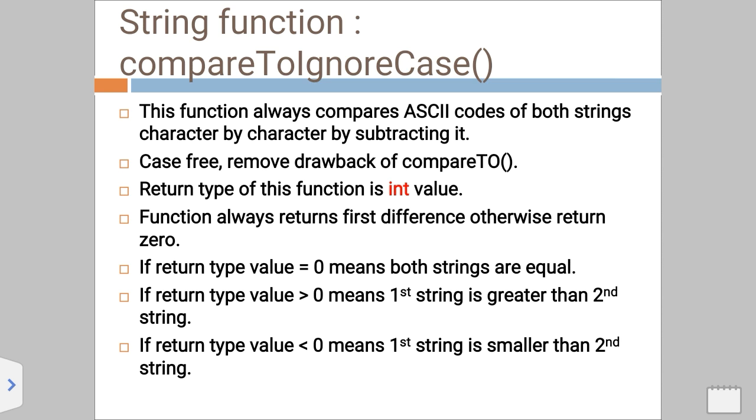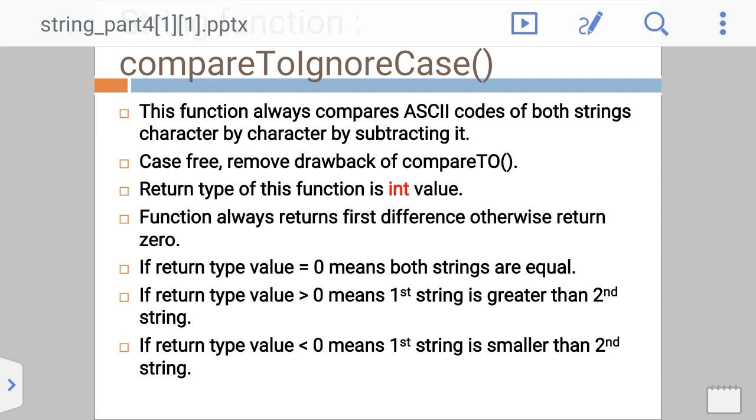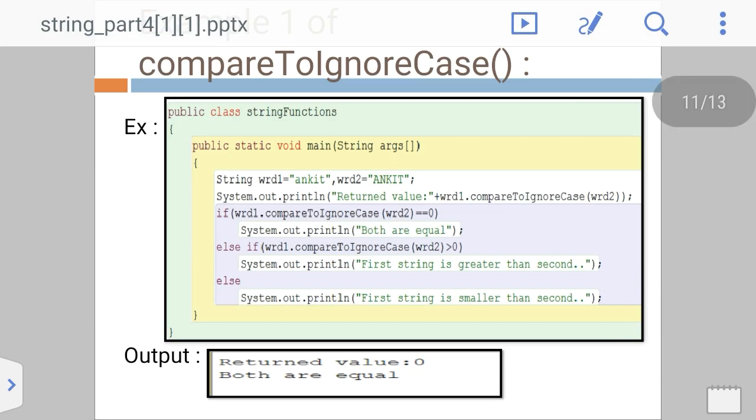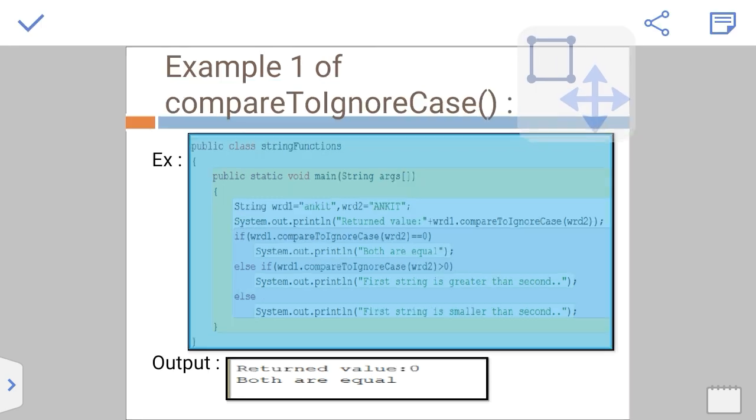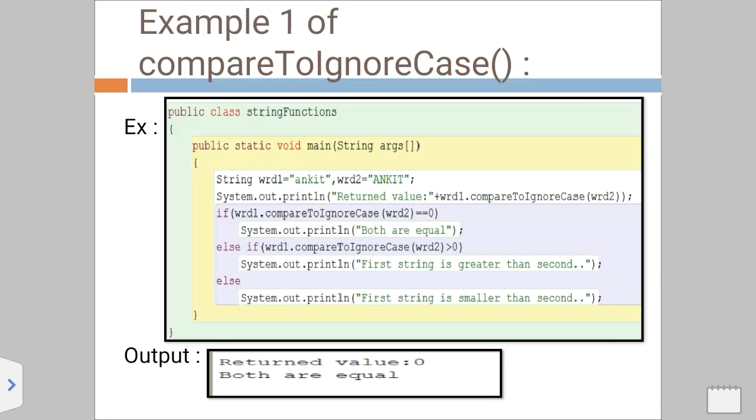I think I'm not supposed to explain all these things again and again, so I'm moving to the next slide. See, again what are we getting. Ankit, Ankit. The first one is in lowercase, another one is in capital letters, uppercase. What are we getting as the return value of WRD1.compareToIgnoreCase(WRD2)?